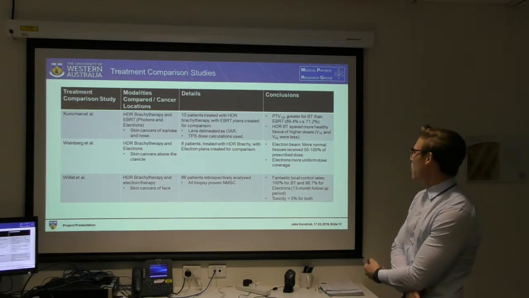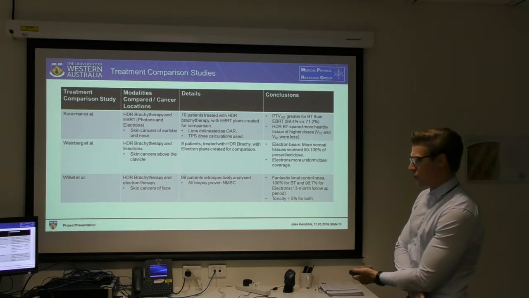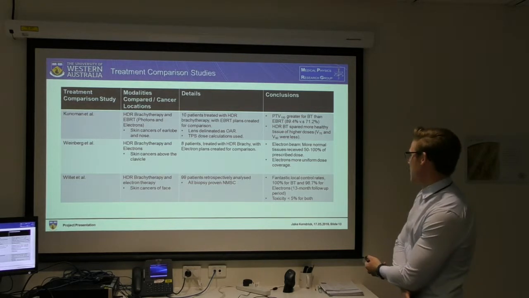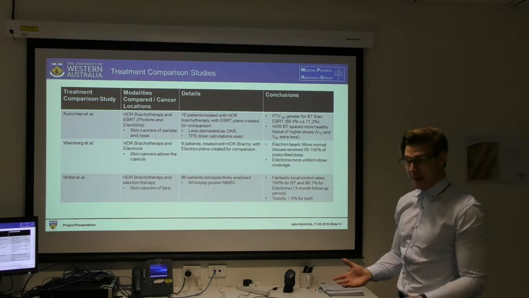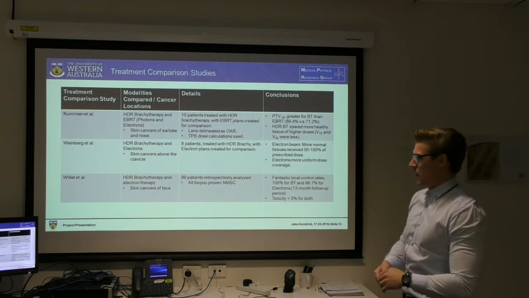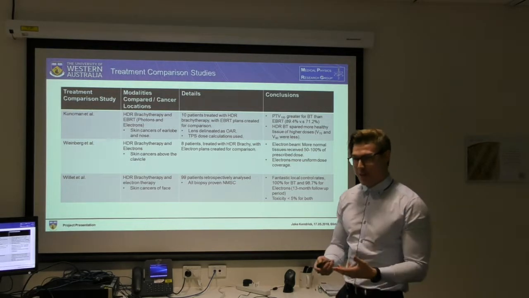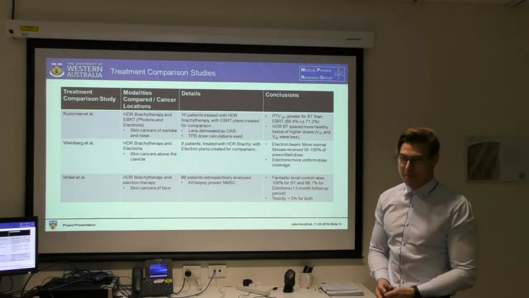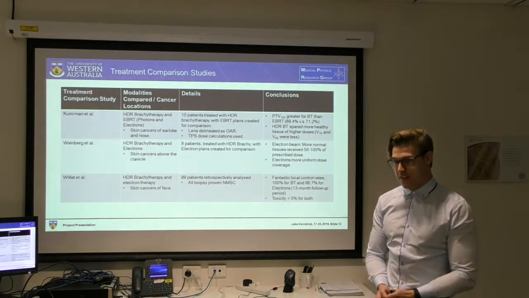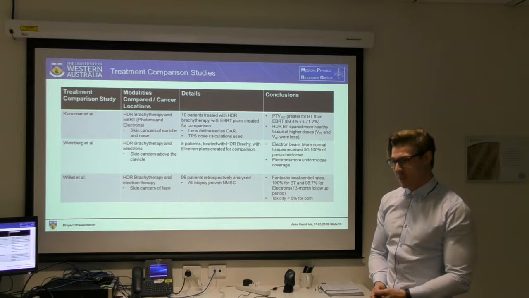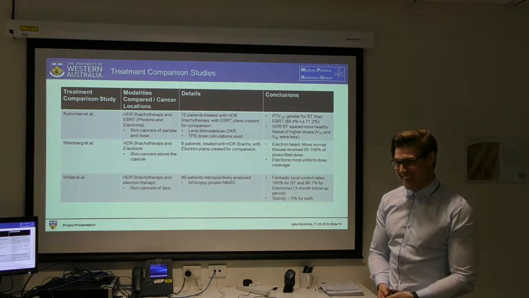I think I would probably focus on the brachy, because a few pieces in the literature say it spares more healthy tissue of higher doses, and seeing how that compares with the lens dose. But the whole project is really about the comparison, so I couldn't really focus on one.